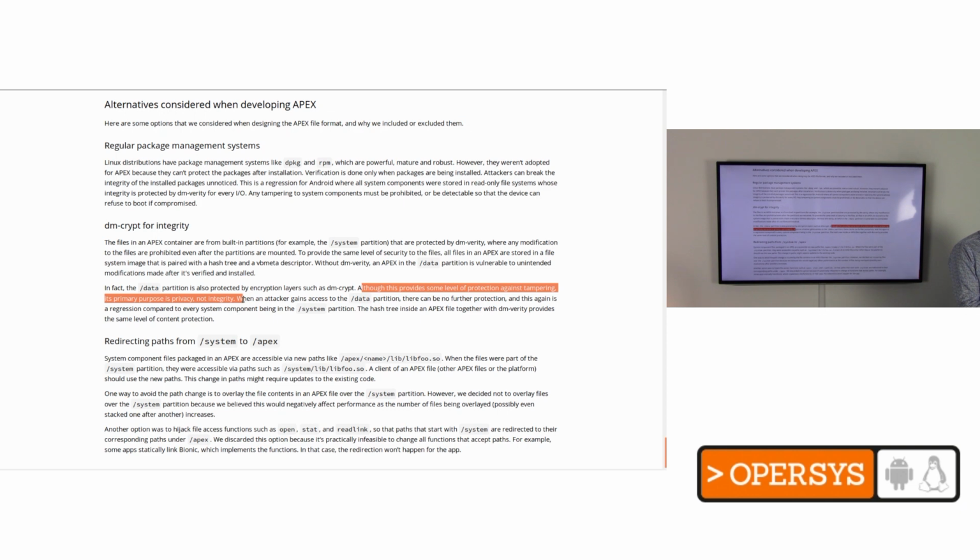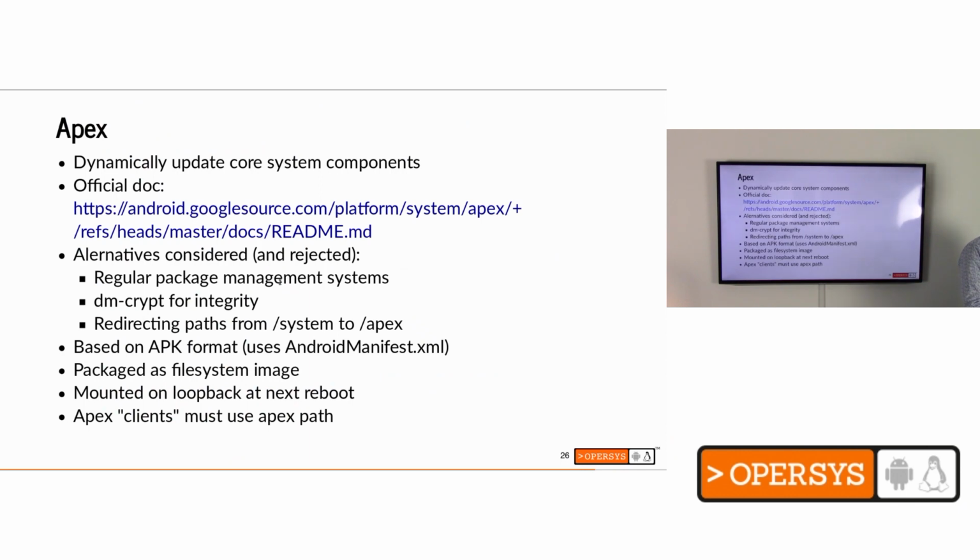In other words, the fact that you're using an encrypted file system doesn't guarantee that nobody has tampered with your encrypted partition. That holds true. So you can't just rely on the fact that it was encrypted to make sure it hasn't changed. But I actually have a counter argument for that later on.